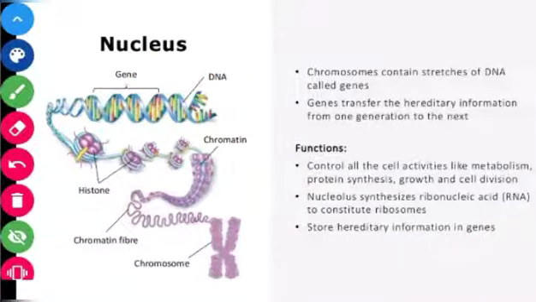Genes transfer the hereditary information from one generation to the next, from one person to another. It may be from father to son, mother to daughter, or mother to son. It will be transferred.